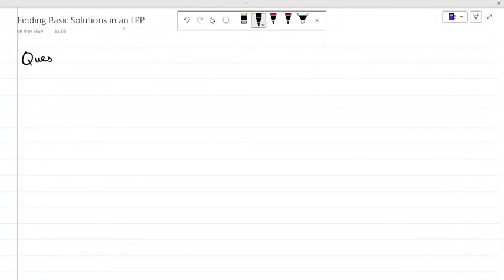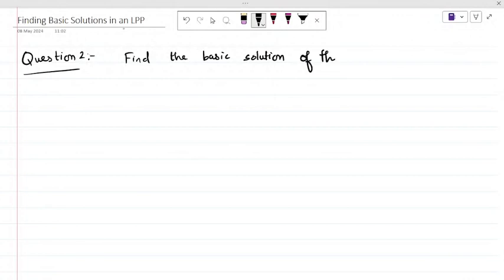Question 2 is: find the basic solution of the following LPP.